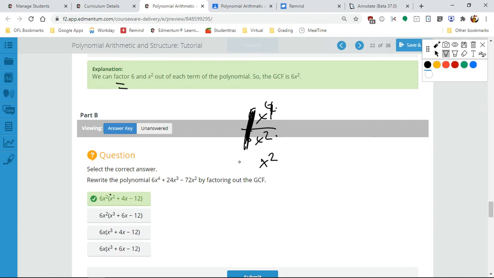So that's how we get this x squared here. Then we have 24x cubed divided by 6x squared. This subtracted by that is just x. And 6 divided by 24, that's just a 4. And you can guess what probably happens after we divide by this. We're going to get this negative 12.